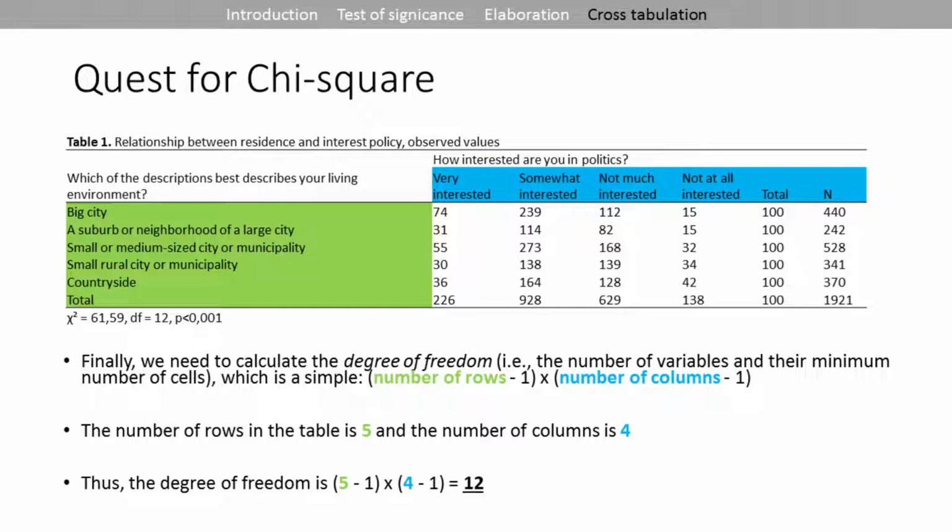And we can calculate this quite simply using the rows and the columns of our table here. It's the number of rows minus 1 times the number of columns minus 1. So it's a pretty easy calculation to do. If we input these numbers into our formula, we get the degrees of freedom of 12. And we are going to use it in the next slide on the p-value table.